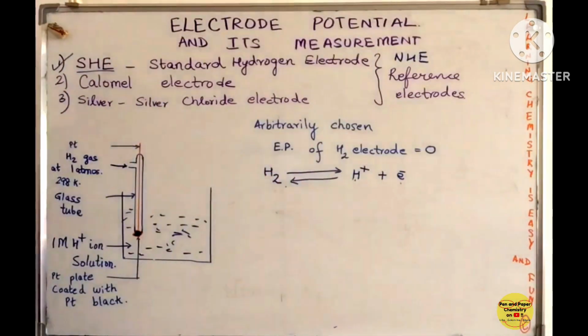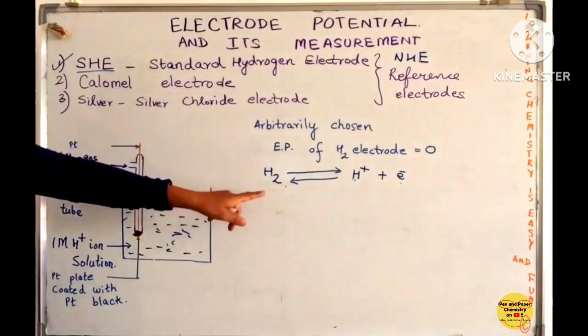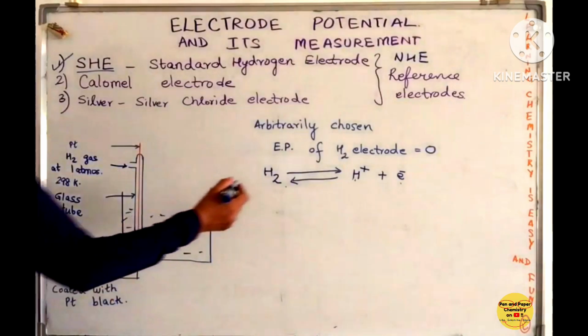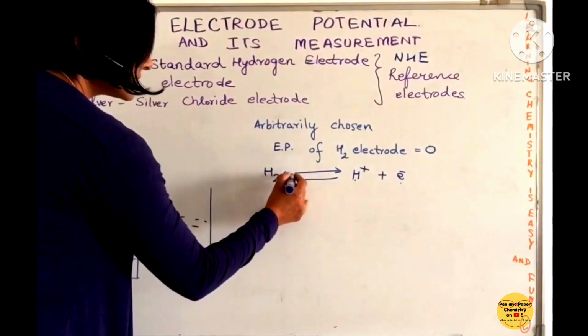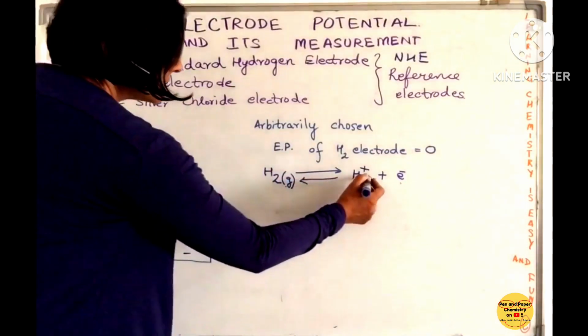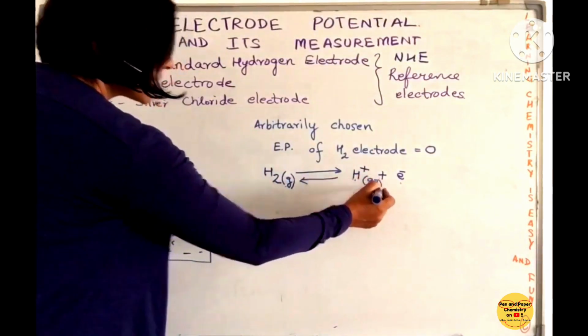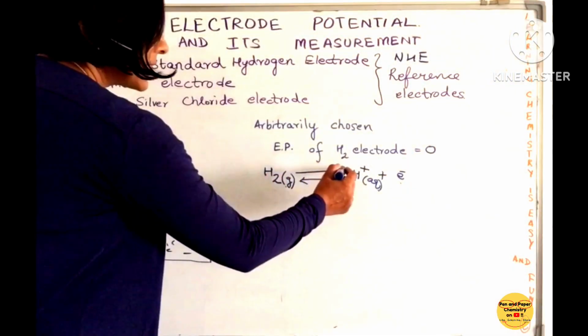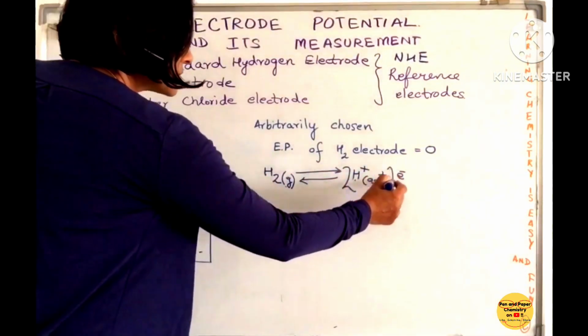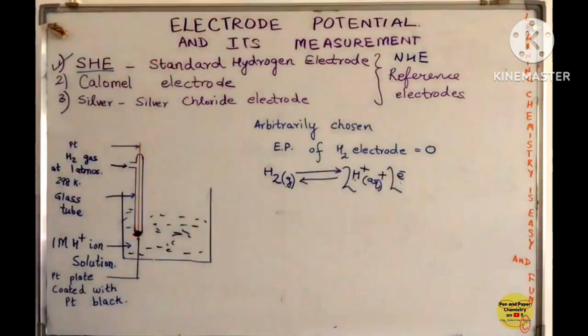So an equilibrium is developed between hydrogen gas and its ions in aqueous solution. Because it's a gas, let me indicate it like this, and we have hydrogen ions in aqueous solution. Now this is the kind of equilibrium we are looking for. Let us balance this equation as well. So this is how we will represent it.